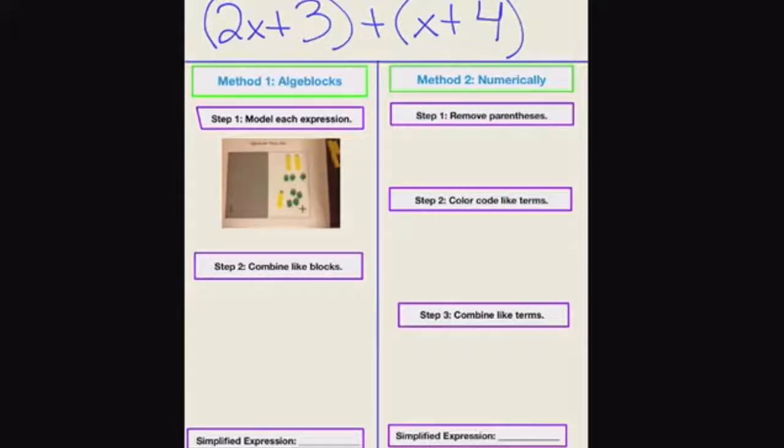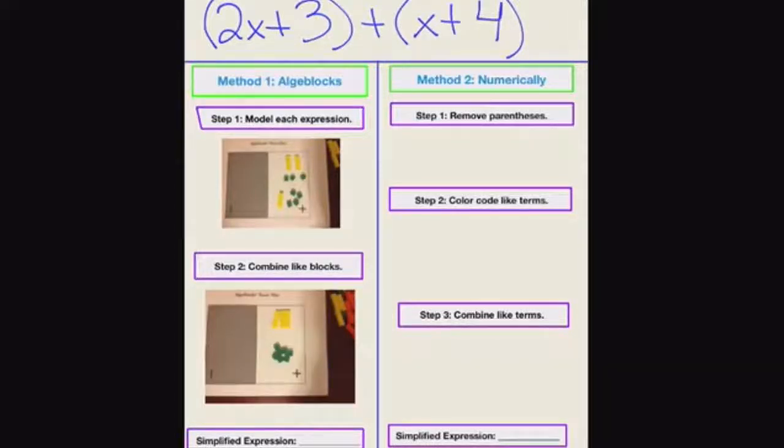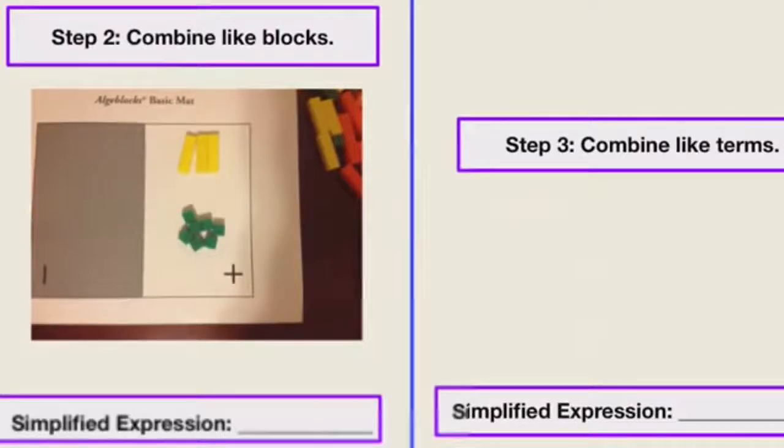And then the last step, remember, is to write that simplified expression. So I can see here that I have modeled 3x plus 7, and that's my simplified expression.